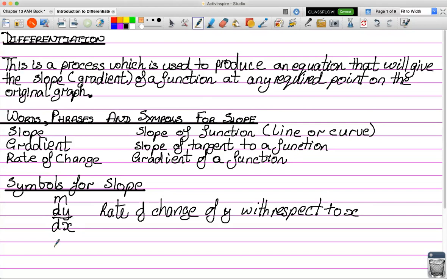And finally, you also get a function which is f dashed of x. And these all mean the same thing. They mean slope.